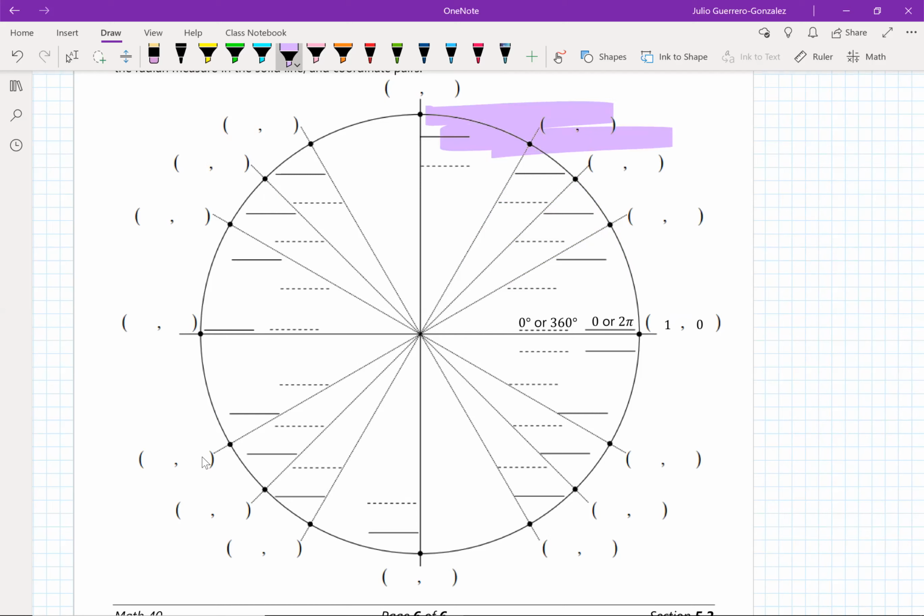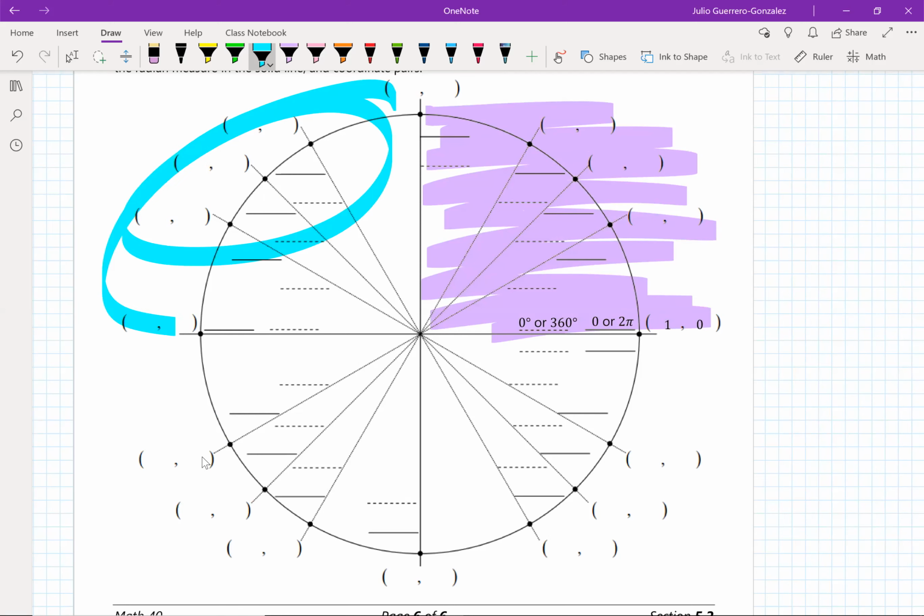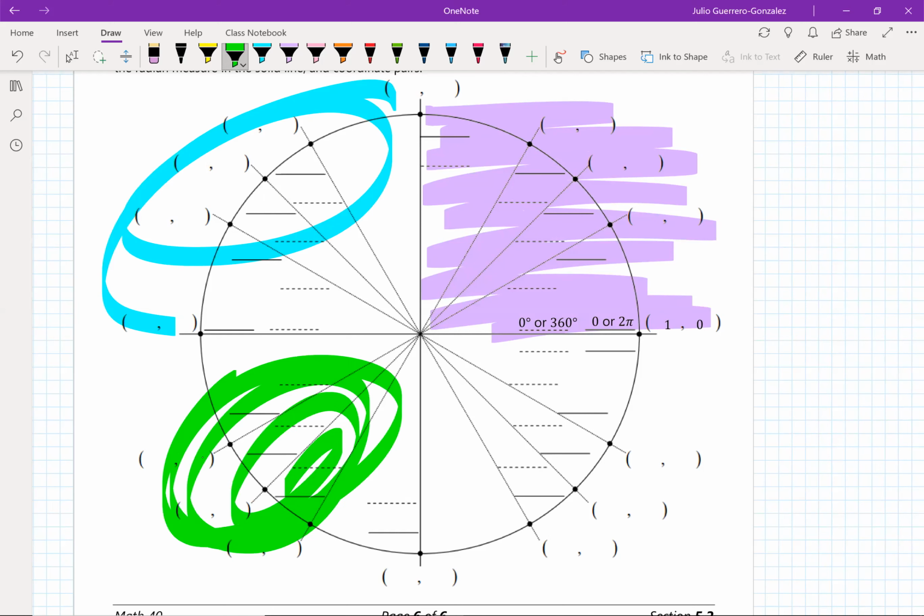So if you have this quadrant filled out, then you can get the numbers for over here. You just need to make the corresponding things negative. Over here, all the x's are going to be negative, all the y's stay positive. Down here, everything is negative. And then over here, the cosines are positive, the x's are positive, but the sines are negative. So it all boils down to that, okay?